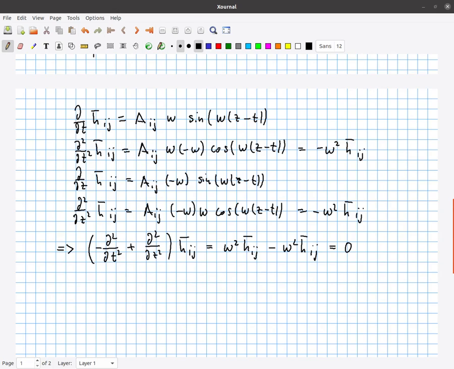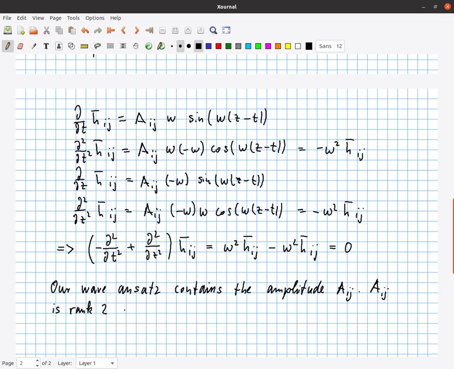Next, if we have a look at our wave ansatz, it contains the amplitudes A ij. A ij must be symmetric because h is symmetric. h ij is rank 2, we know that anyway.